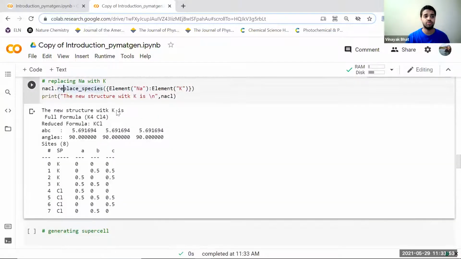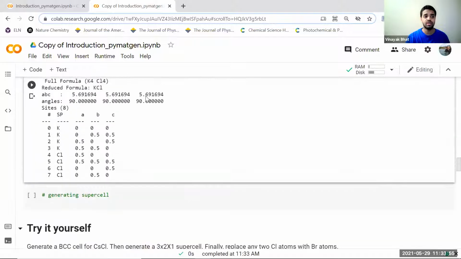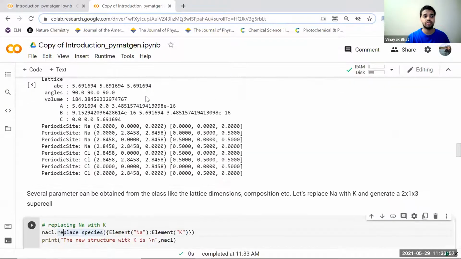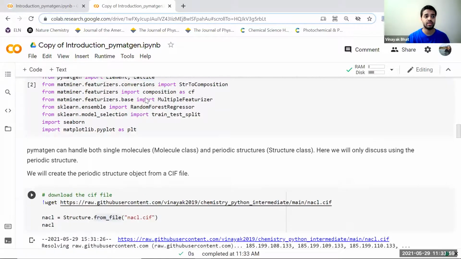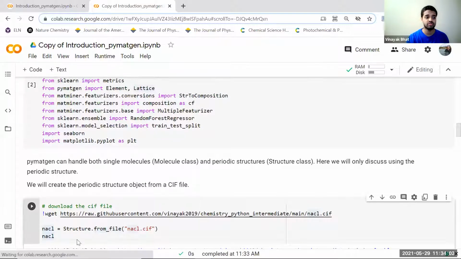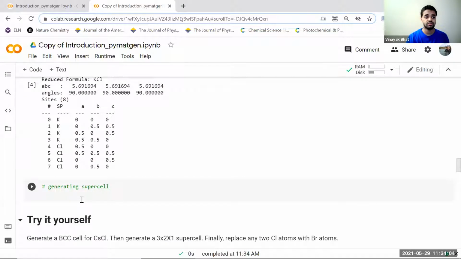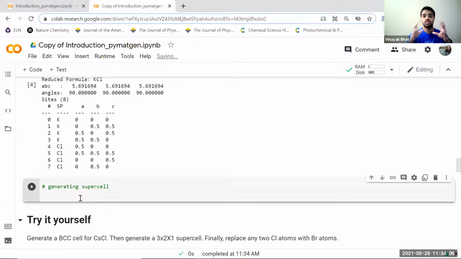You can play around with the options that are present. Sometimes you would need to generate a supercell. Let me just go back and use this NaCl itself instead of KCl. If you want to generate a bigger cell for simulation or doing some analysis, NaCl is what we need, and just multiply it with a vector to multiply in each dimension.